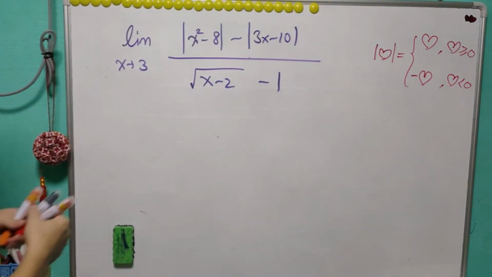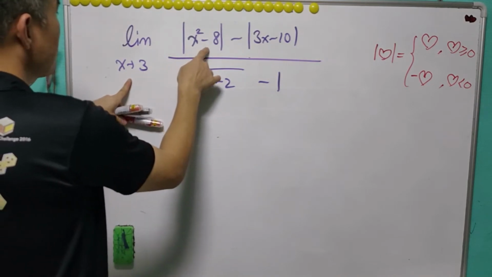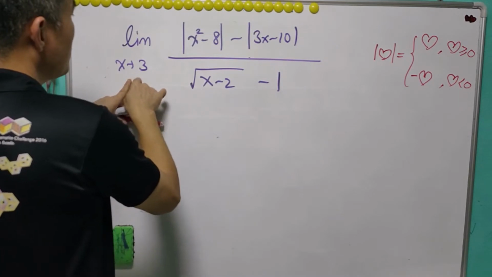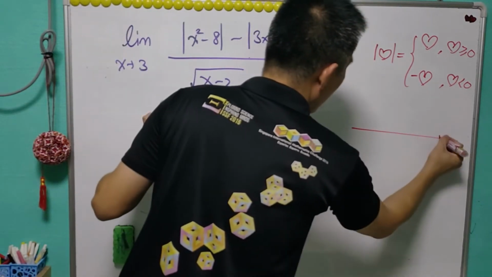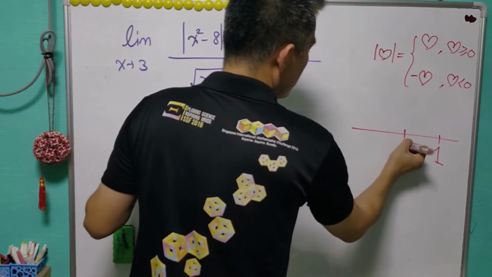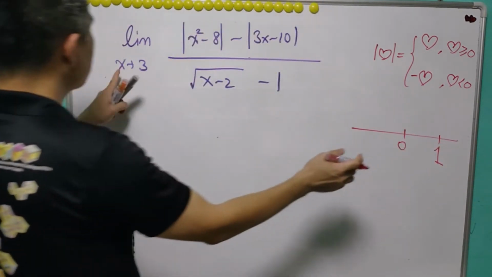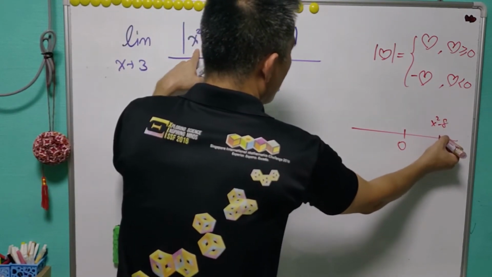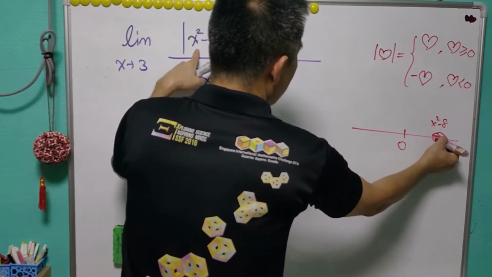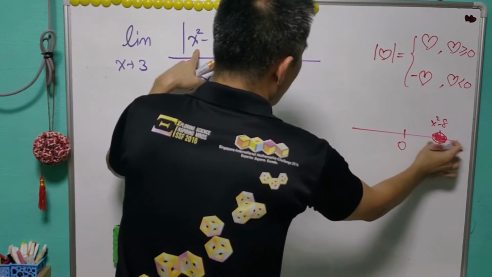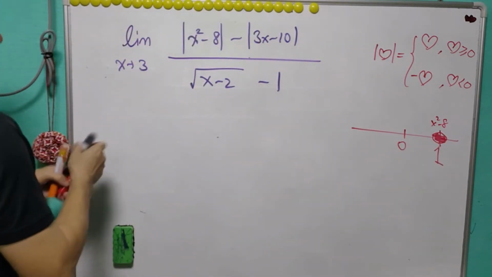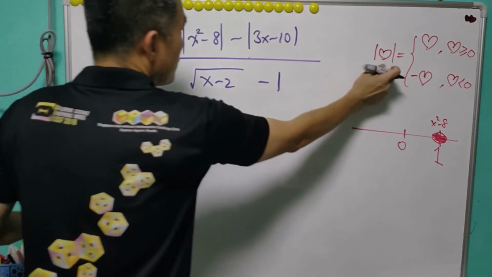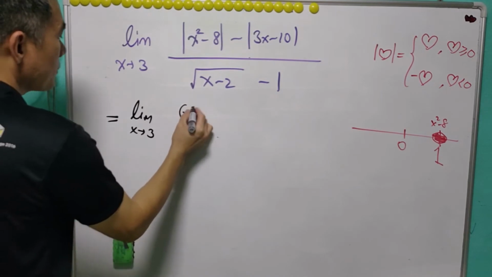So with this, we look at this expression, x squared minus 8, when x tends to 3, it will be about 1. So this is 0, this is 1. When x tends to 3, x squared minus 8 will be somewhere here. And no matter what this value is, it is always positive. Since it is always positive, according to the rules, we know that this will be just x squared minus 8.